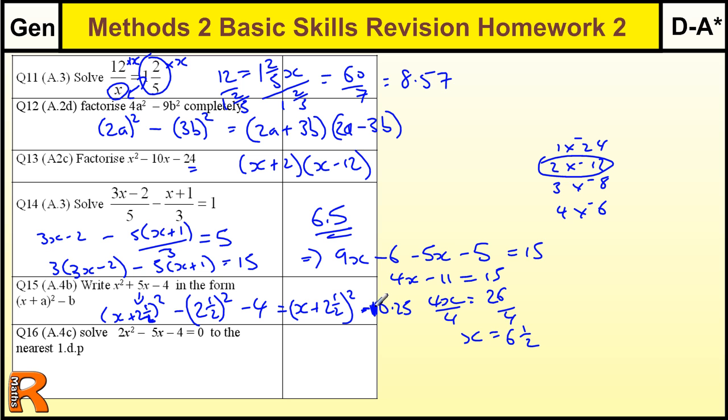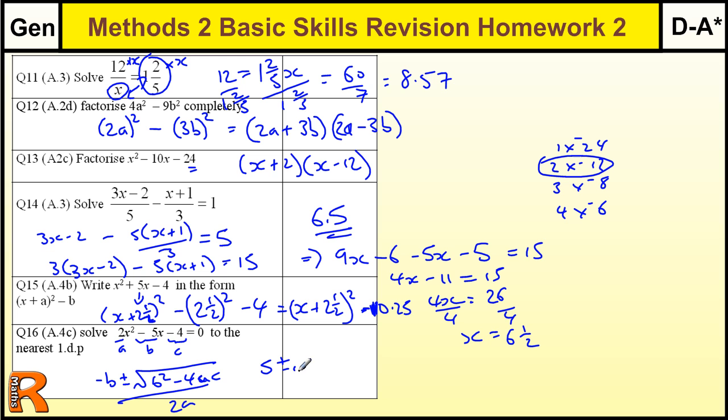And then solving this equation to the nearest one decimal place implies it's going to use the formula, where this is the a, this is the b, this is the c. So we're going to use the formula minus b plus or minus the square root of b squared minus 4ac, all over 2a. So minus b, minus minus 5 is 5. And then we're going to add and subtract the square root of b squared.